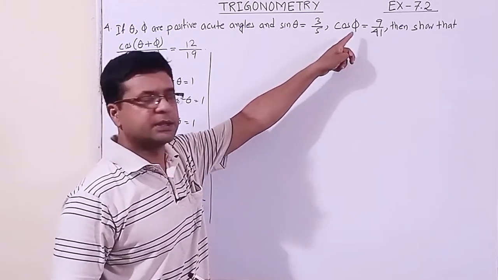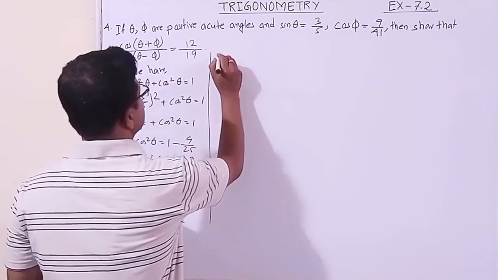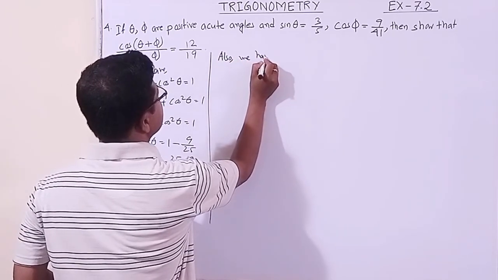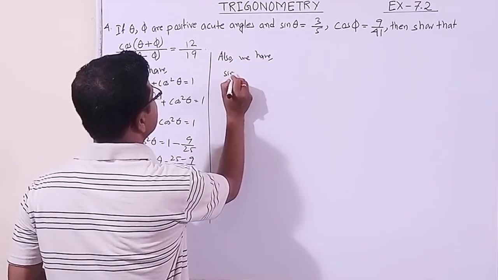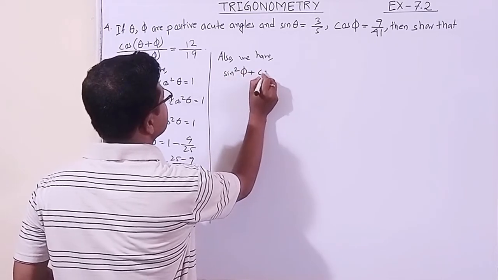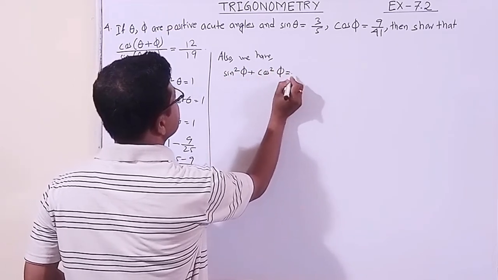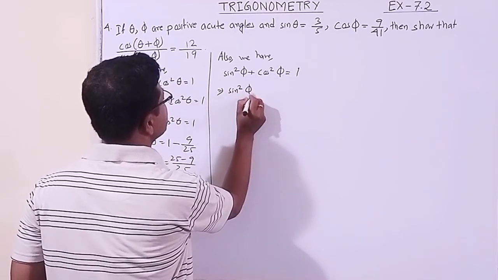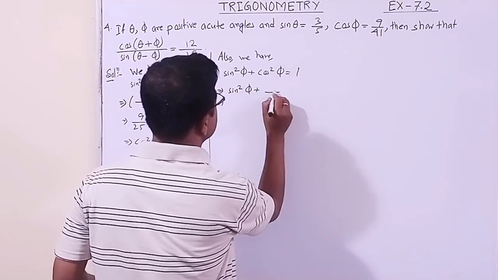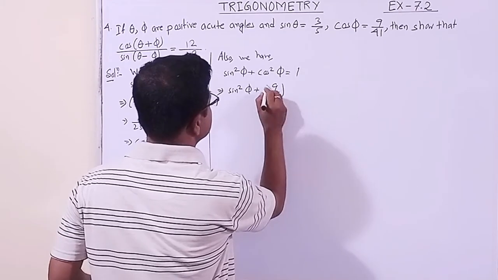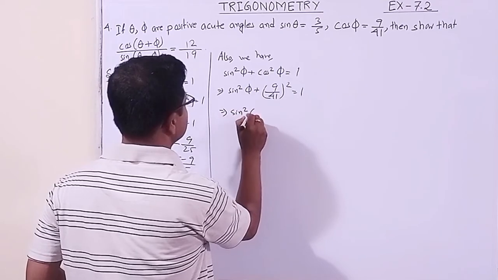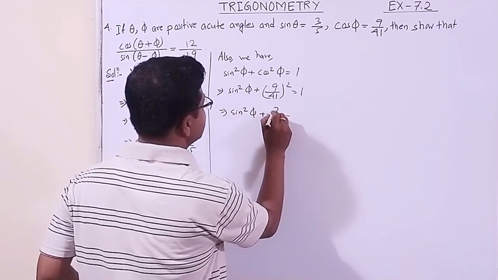Cos theta we have found. Next we have to find sin phi, isn't it? Also we have sin square phi plus cos square phi is equal to 1. Sin square phi we have to find out. What is the value of cos phi? 9 by 41. Its square is 81 over 41 square.